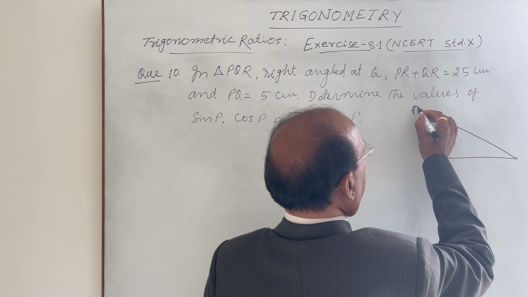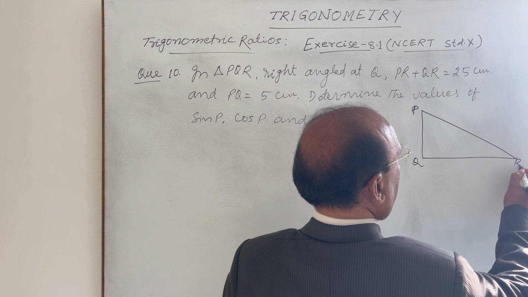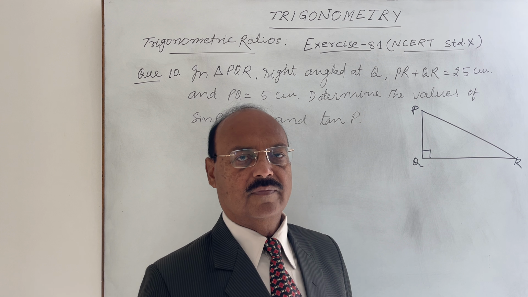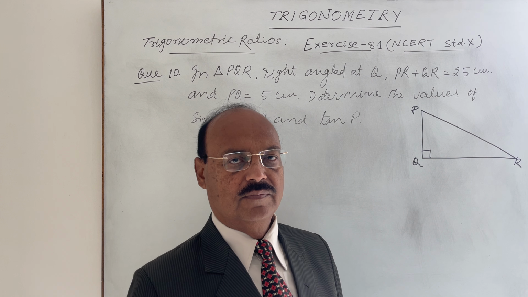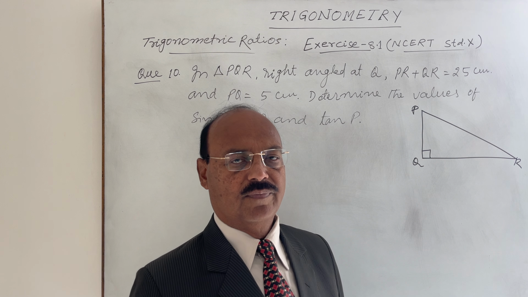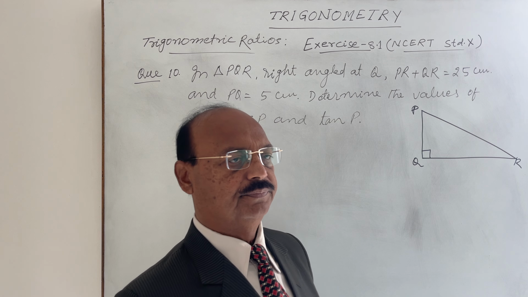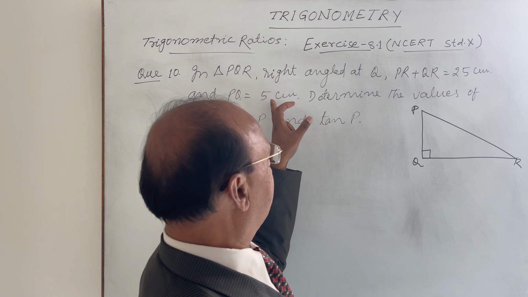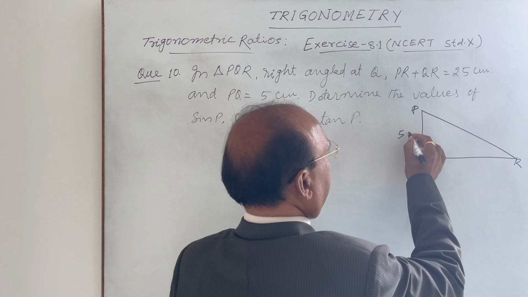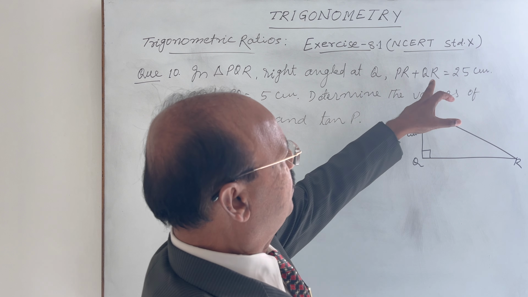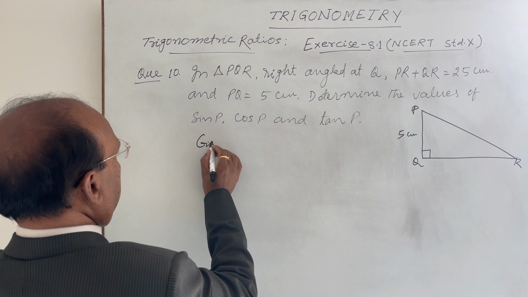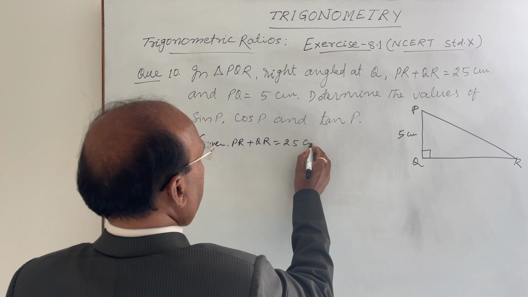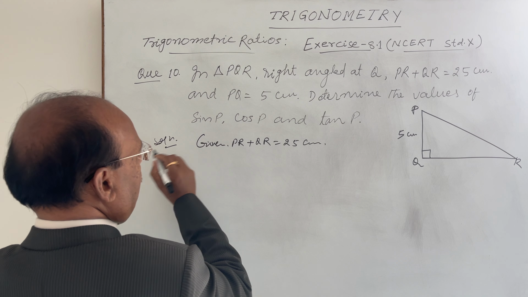Here the triangle is PQR, right angle at Q. And here it is given that PQ is 5 centimeter, and PR plus QR is 25 centimeter. This is given here.